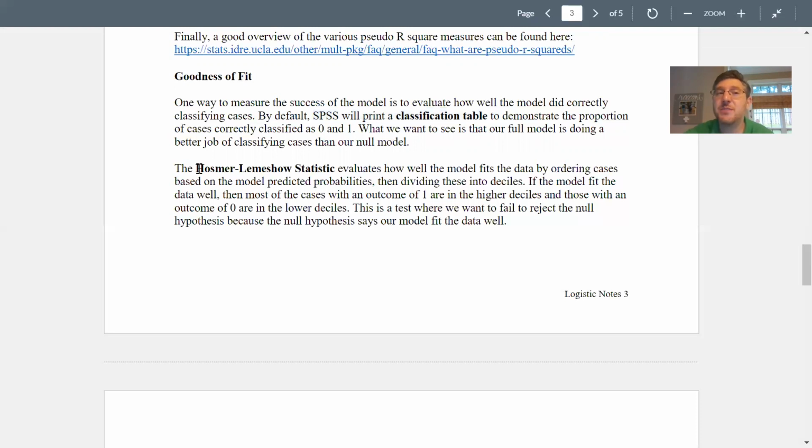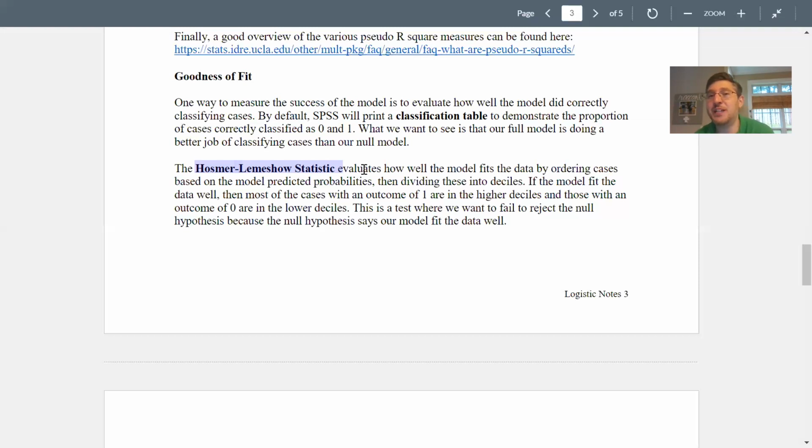Another goodness of fit measure is the Hosmer-Lemeshow statistic. It evaluates how well our model is fitting our data by ordering the cases based on the model's predicted probability and dividing them into about 10 different groups.